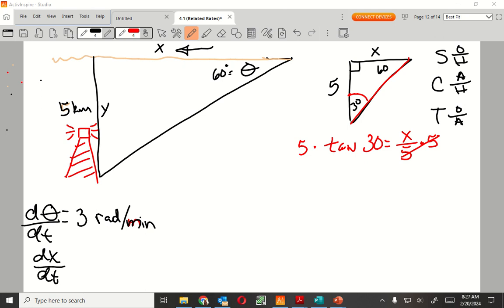So the tangent is going to be y over x, so that's 1/2 over rad 3 over 2. Multiply by the reciprocal, so it's 1/2 times 2 over rad 3. And then rationalize.